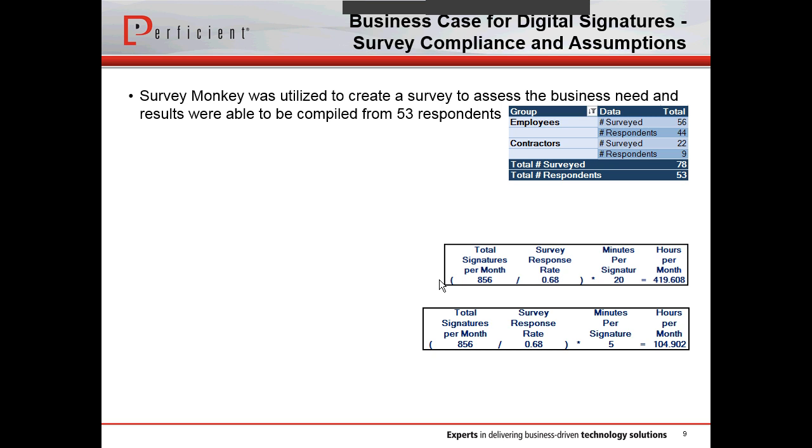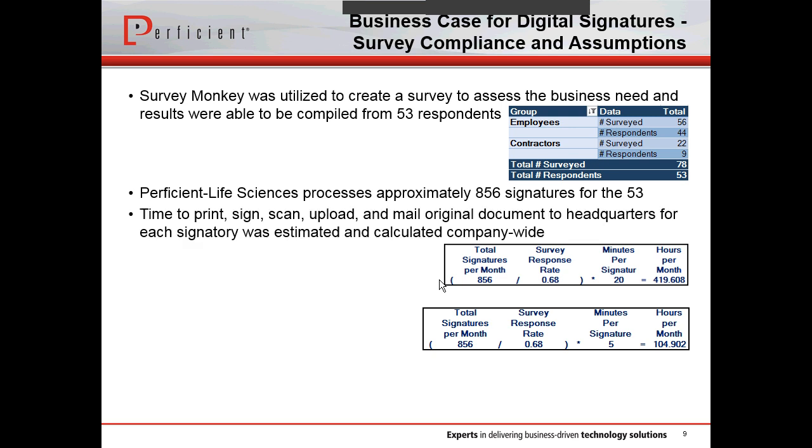Based on that, we determined that we processed approximately 856 signatures for the 53 respondents per month. Then we made a metric to determine how long it actually takes to print, sign, scan, and upload these scanned documents and then mail the original document to headquarters for each signatory on a document. And actually, this is important.